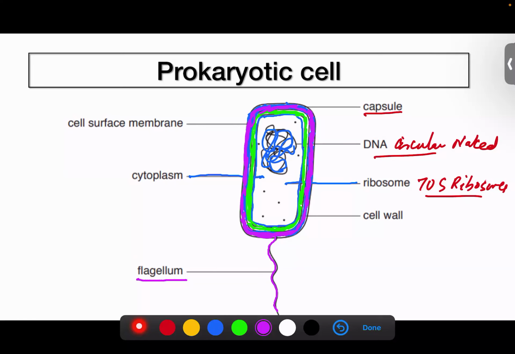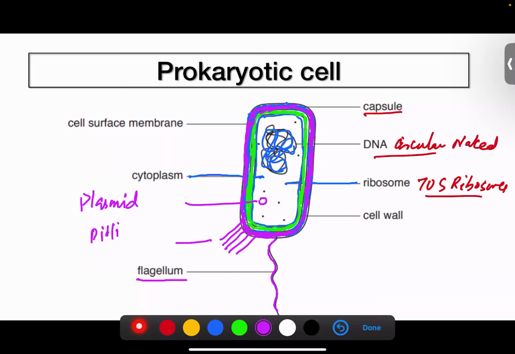There is another feature which is known as plasmids. So these plasmids are also found in some bacteria and are not found in other bacteria. And then you can see the pili. This is another structure which is found in some bacteria, and they help stick these bacteria to other surfaces.